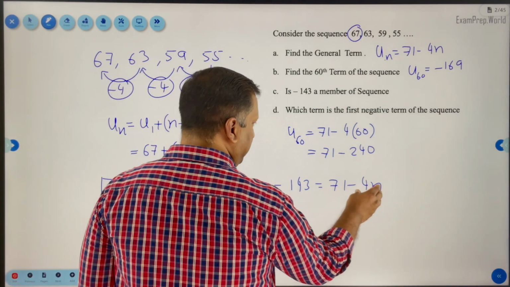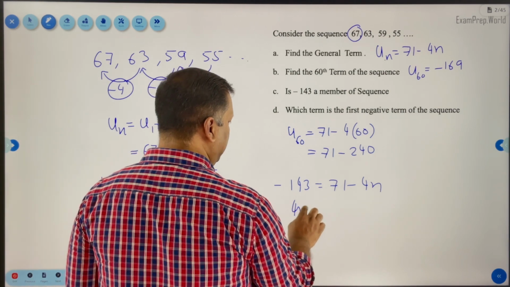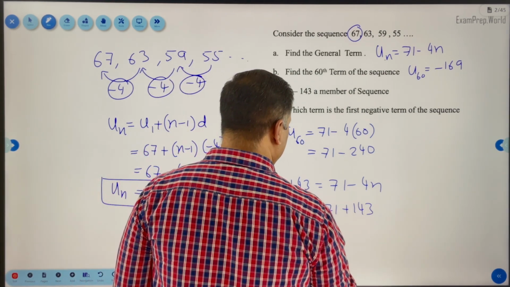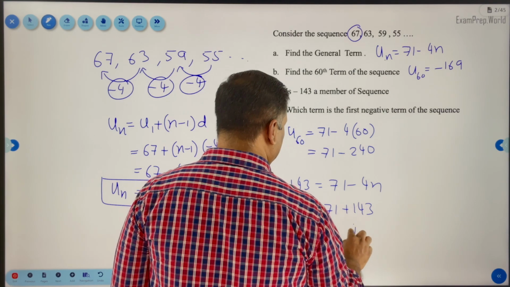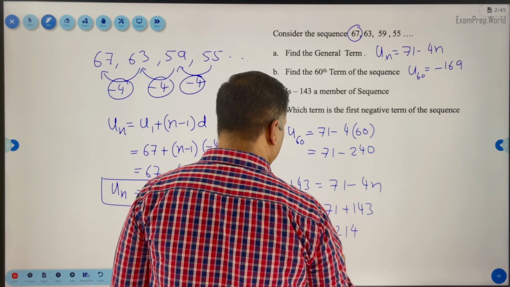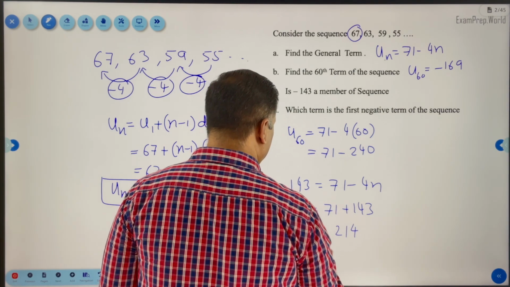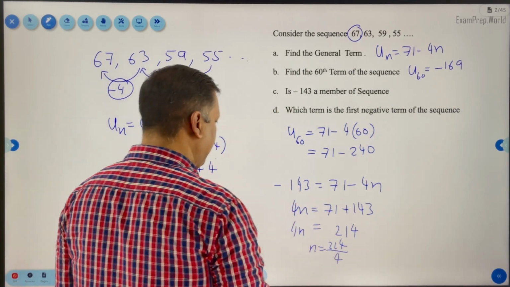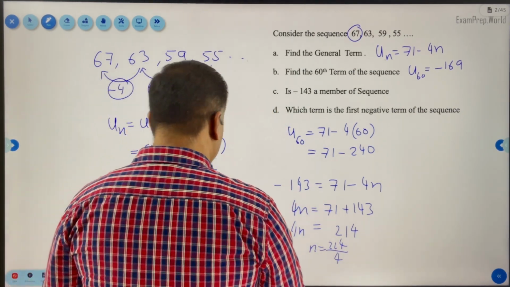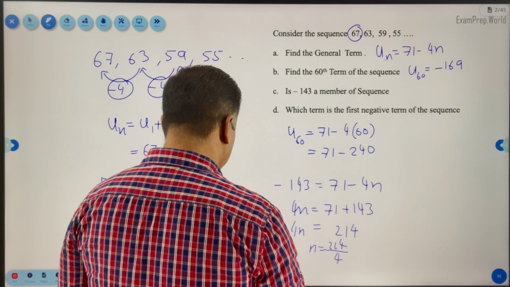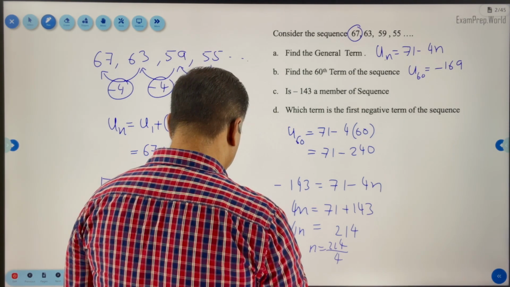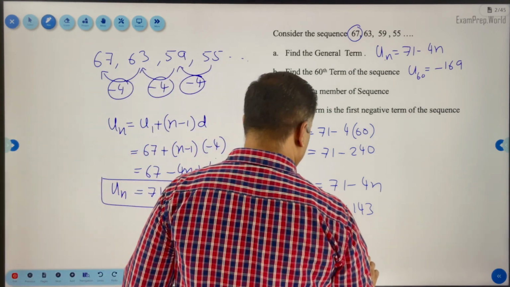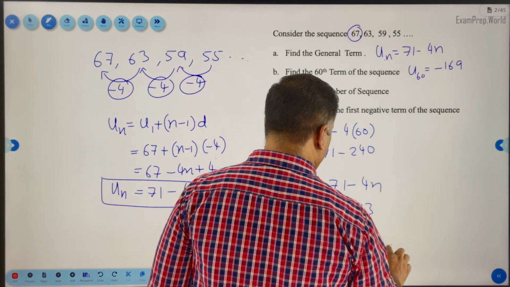Make this positive 4n here and make it 143 here. So 4n equals 71 plus 143, which is 214, and n equals 214 over 4, which is 53.5.